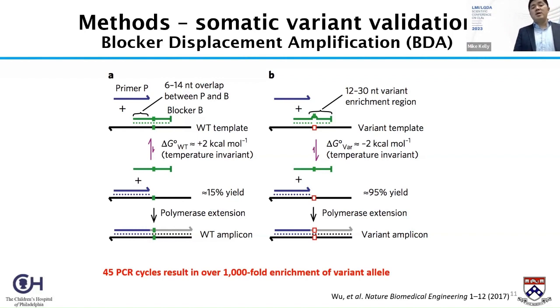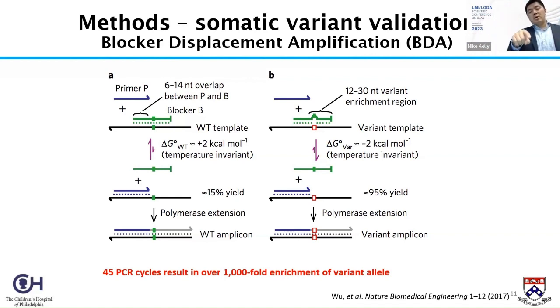To get around this, we looked at the literature and found a paper published in 2017 reporting a blocker displacement amplification method, BDA. Basically, you design a blocker that perfectly matches the wild type, and you have a primer that competes with this blocker, and because of the mismatch in the mutant allele, you will have a different free energy.